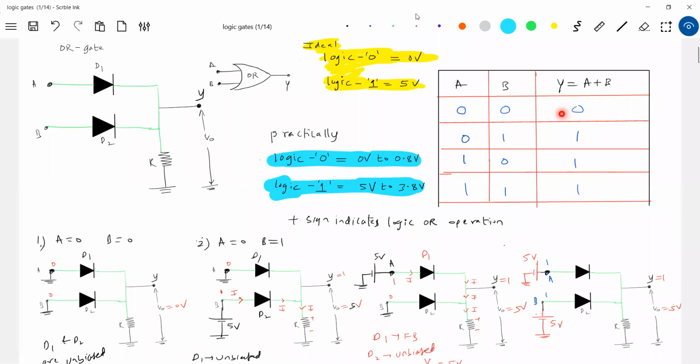It will be logic 0. If any one input is high or both inputs are high, what will the output be? The output will be high. When both the inputs are low, output will be low. Any one input or both the inputs high, output will be high. So this logic is what I brought. How do I implement it? By using diodes.